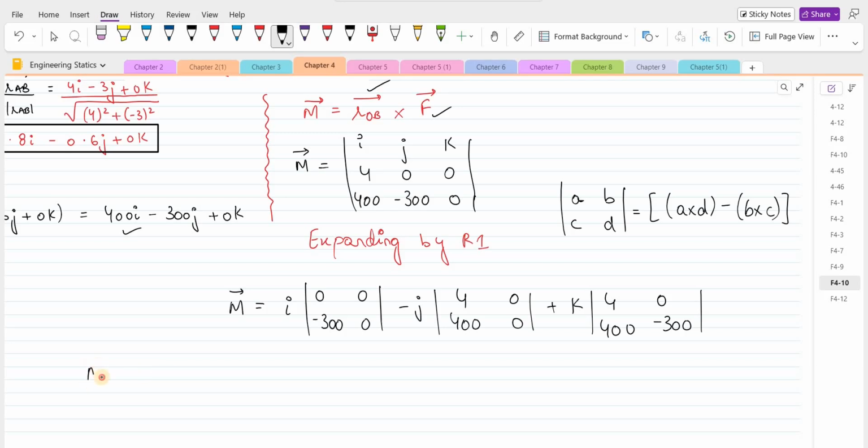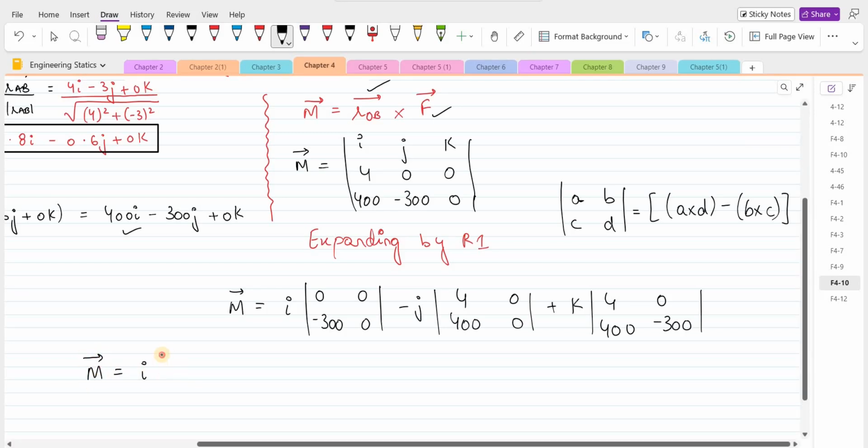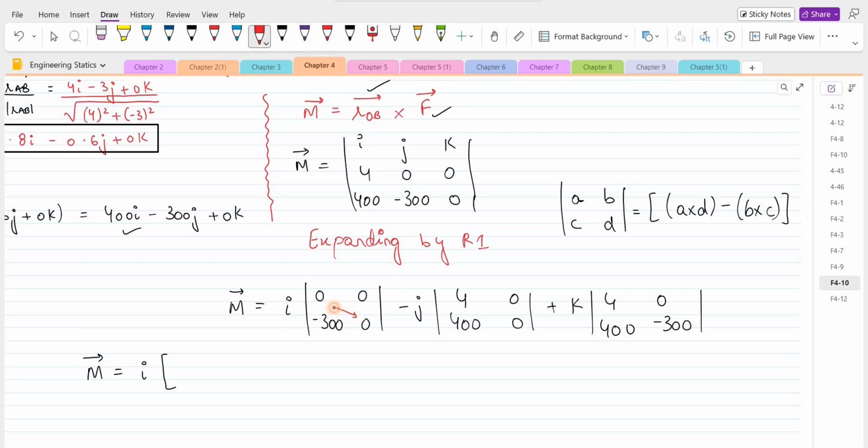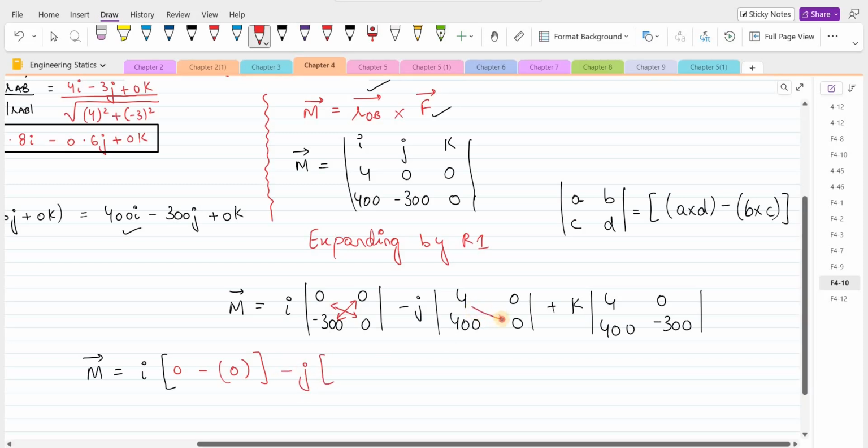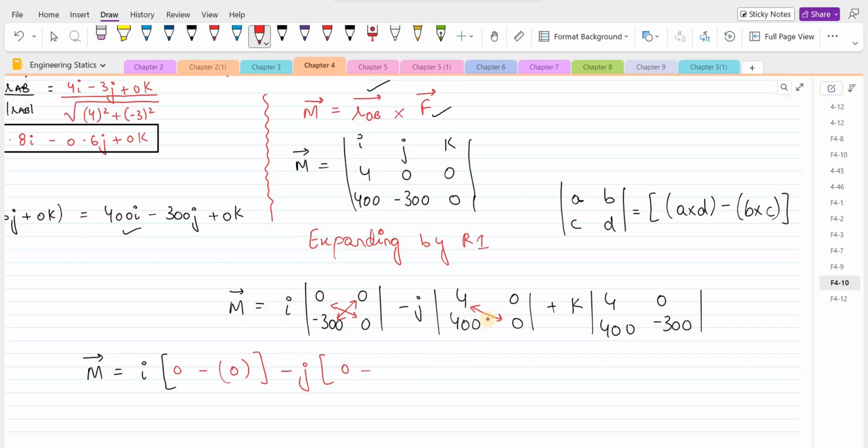So similarly, we have i (0 times 0 is 0, minus 0 times negative 300 is also 0), minus j (4 times 0 is 0, minus 0 times 400 is also 0), plus k (4 times negative 300 is negative 1200, minus 0 times 400 is also 0).